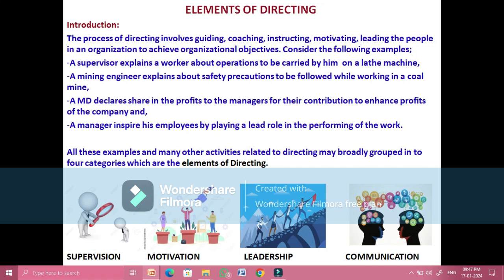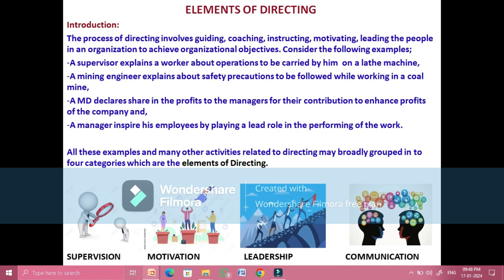Finally, we can say that directing means supervising, instructing, motivating, leading, communicating, counseling, etc. The process of directing involves guiding, coaching, instructing, motivating, and leading the employees in an organization. Why? Because to accomplish the organizational objectives.